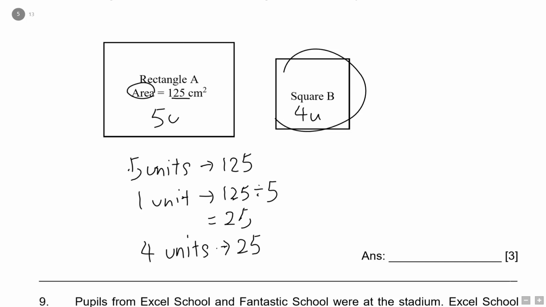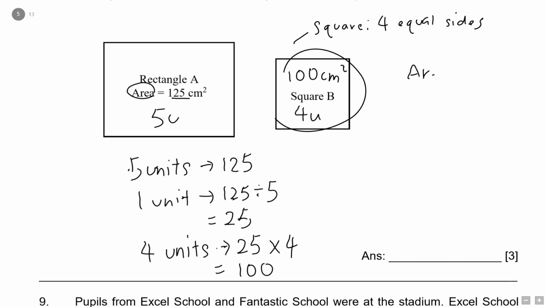We just take 25 times by 4, which is going to give us 100. So we know that this is 100 square centimeter. Okay. Now in a square, you know that the properties of a square means that there are 4 equal sides.